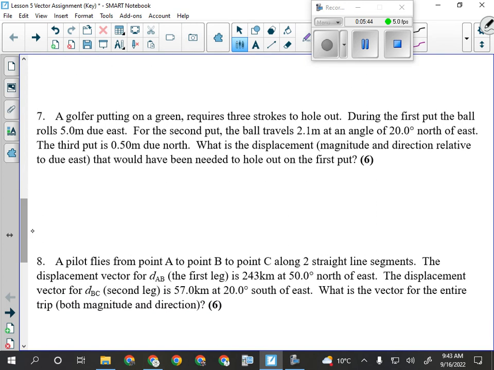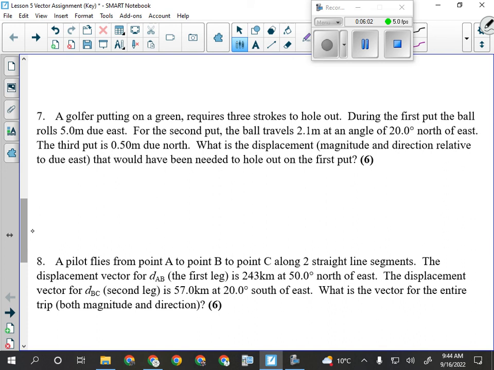Number 7 is 3 vectors. One is horizontal, one is vertical, one is angled. Even though it sounds like a ton of work, remember that for 2 of the vectors you don't have to find x's and y's. So it's just a vector addition question, tail to head, solve.